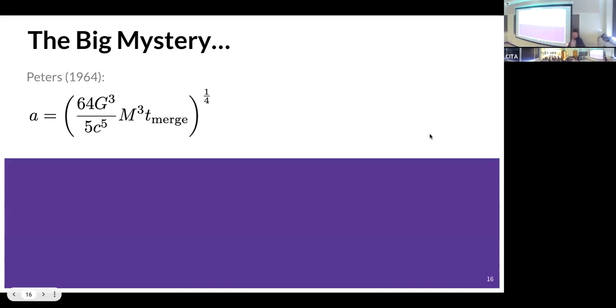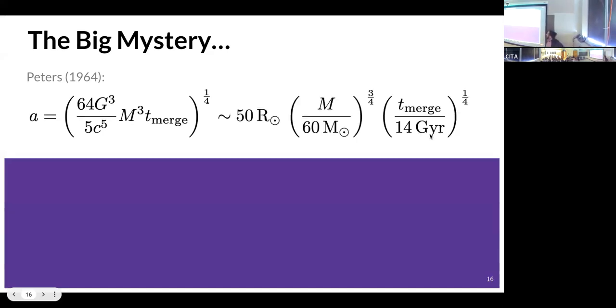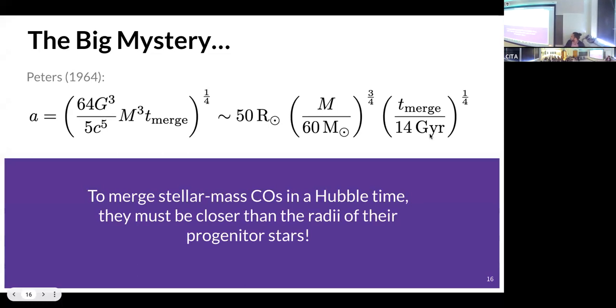If we plug in, let's say, 60 solar masses, just like the two black holes we had detected originally, and one Hubble time, we find that the two objects had to have been about 50 solar radii apart. What that's telling us is that for these two objects to actually merge within a Hubble time, they must have been closer than the radii of the stars that would have created them.